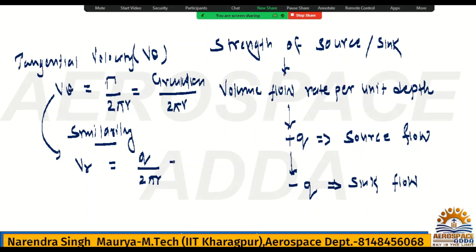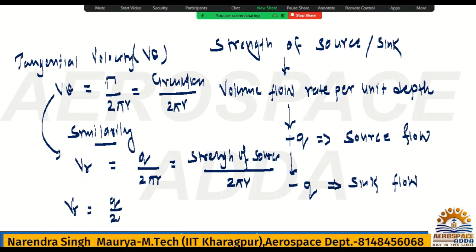Okay, so strength of source or sink divided by 2 pi r. Finally we got Vr is equal to Q upon 2 pi r. This is the derivation, but I have explained it in very short.